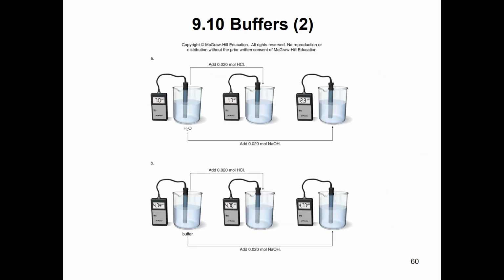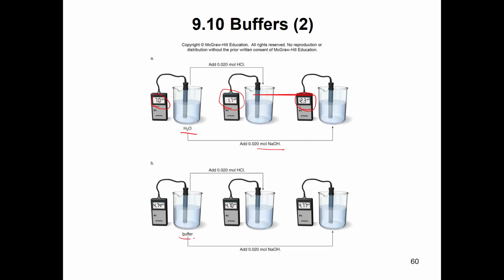If you have just water and the pH is 7 and you add acid to it, it's going to go down in pH quite dramatically. If you add base to it, it's going to go up in pH quite dramatically.